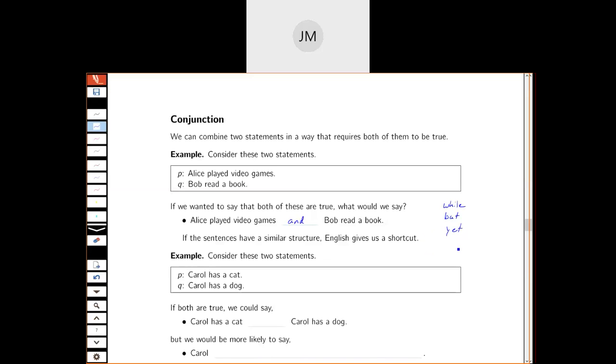Yet works. Nevertheless. So these are all words that work as an and statement.